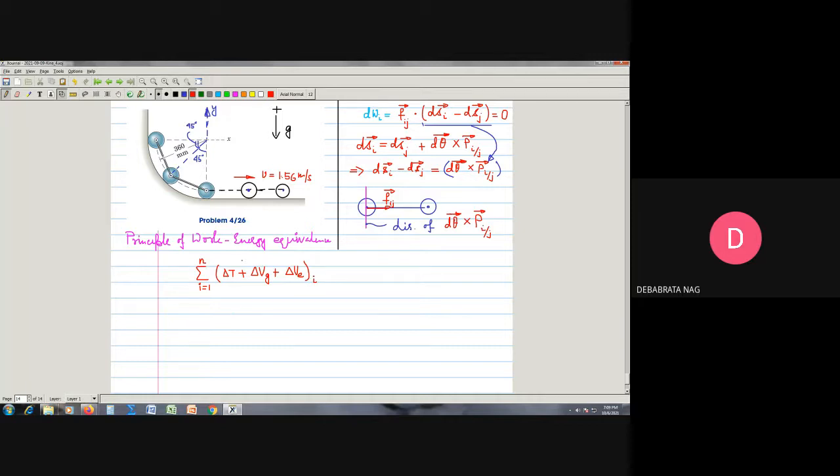We find that the total change in the mechanical energy of the system is equal to summation i from 1 to n of the total work done by the external forces, that is Fe bar i dot ds bar i.